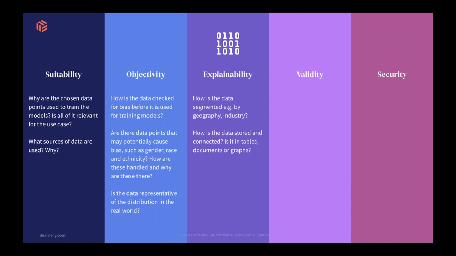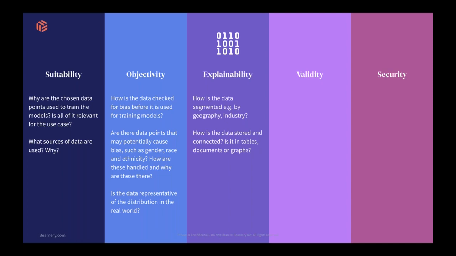And how is the data stored and connected? Now, this might seem a bit of a left field question, but in reality, it's really important, because what we've seen, and we use the knowledge graph technology within Beamery as well for this reason, is that knowledge graphs allow you to explicitly model the data points and then build AI on top of that.